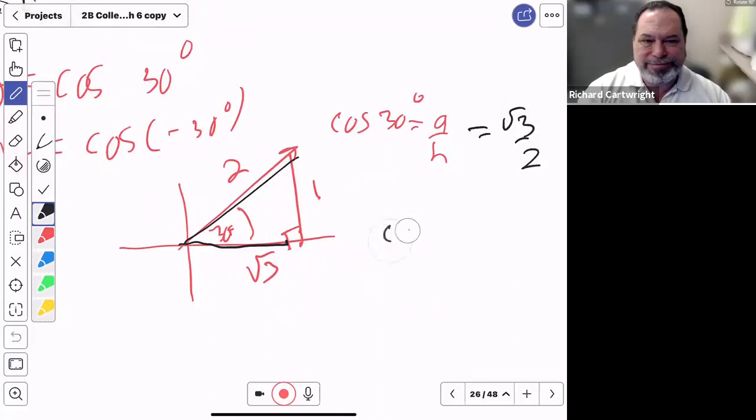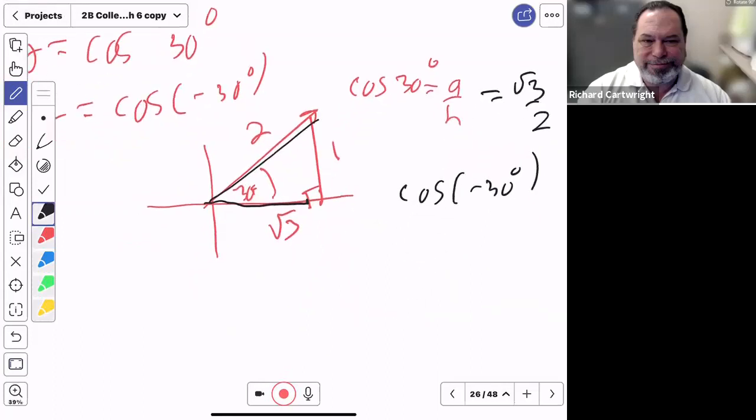If I do the cosine of a negative 30 degrees, that means the angle goes this way. And that's still going to be a 30-degree angle, but it's negative. Still a 1, still a 2, still a square root of 3, and it's still positive, but this one becomes negative. So that's equal to the adjacent over hypotenuse.